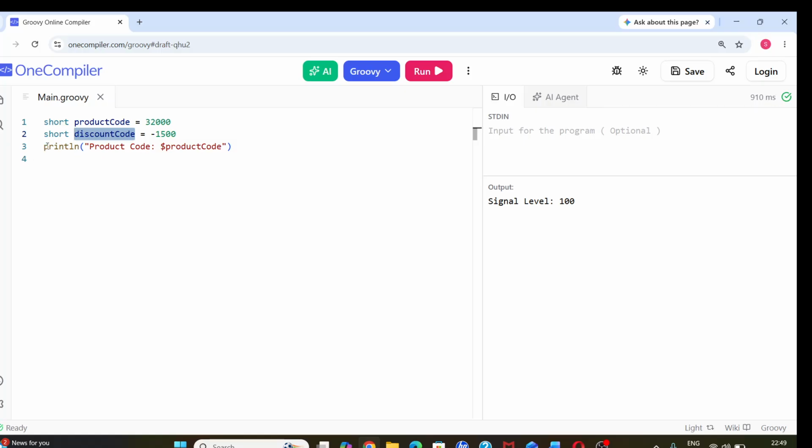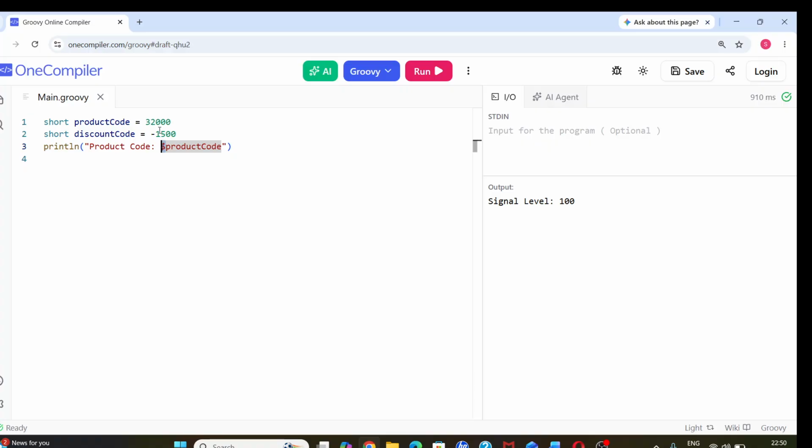And finally we see the statement println. The keyword println means print line, and I already explained the meaning of this dollar. This dollar is interpolation. It means the actual value stored in the variable productCode will be inserted into the string.